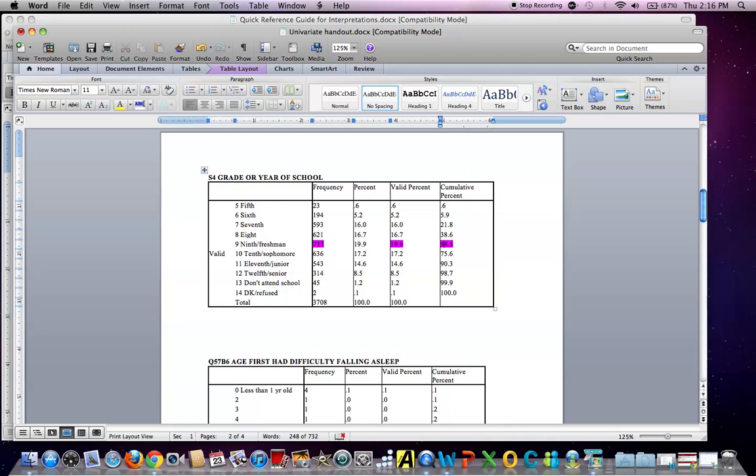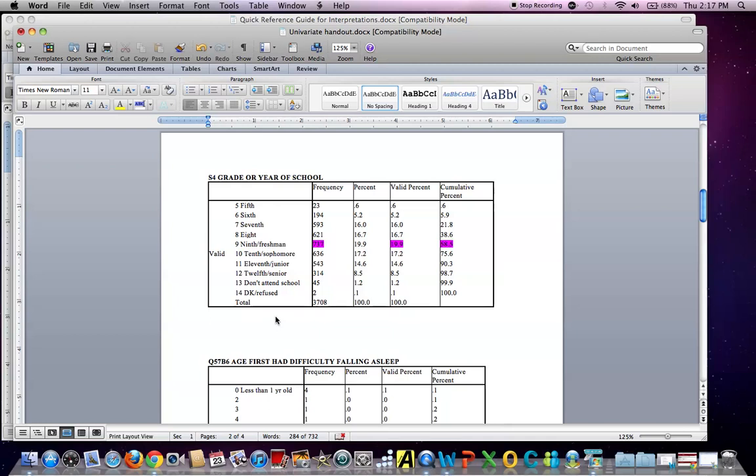You see there's very little fluctuation in the way the percents are laid out, except on the lower ends. The 5th and 6th grade and then the 12th grade are lower. Given that, it just depends on your purpose in explaining this data.